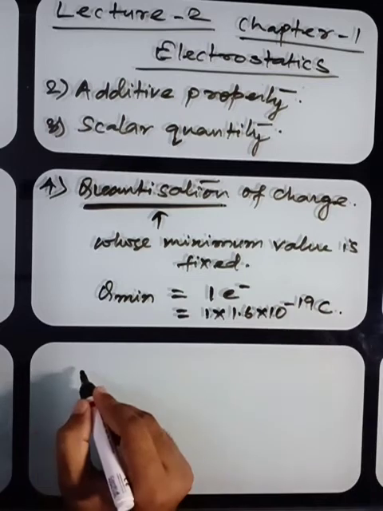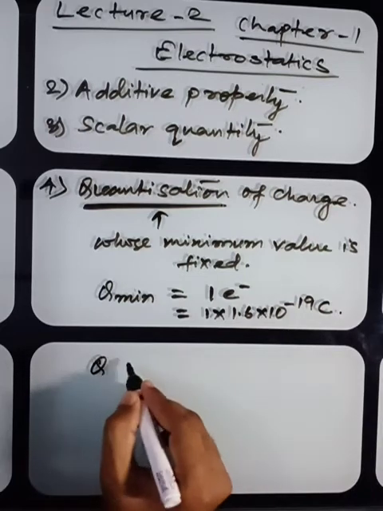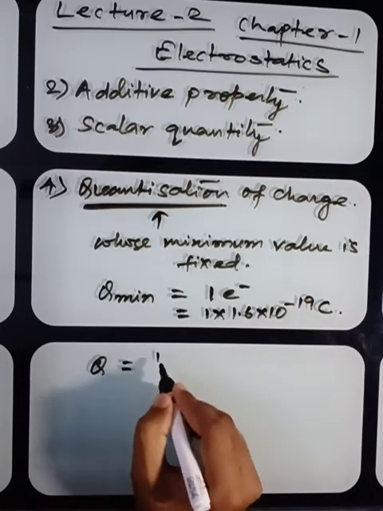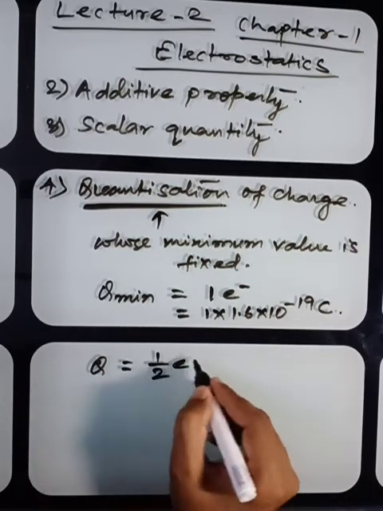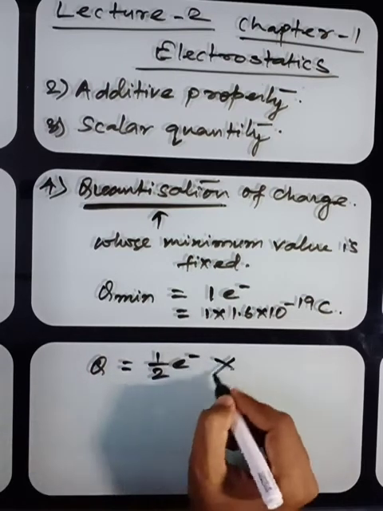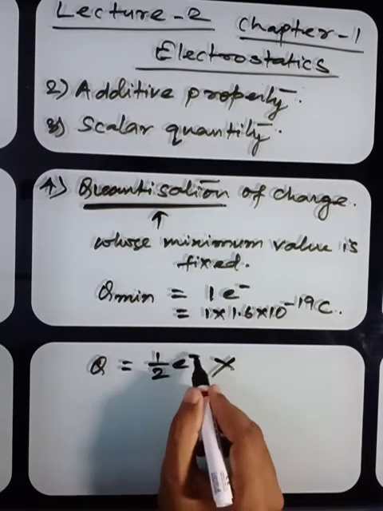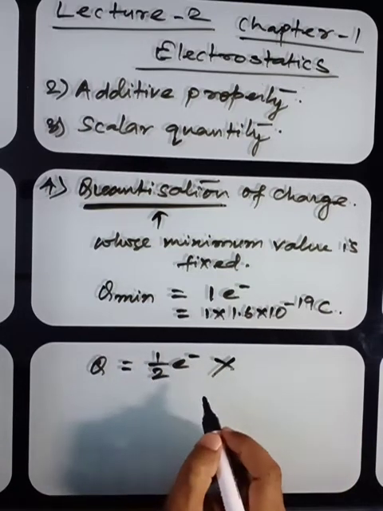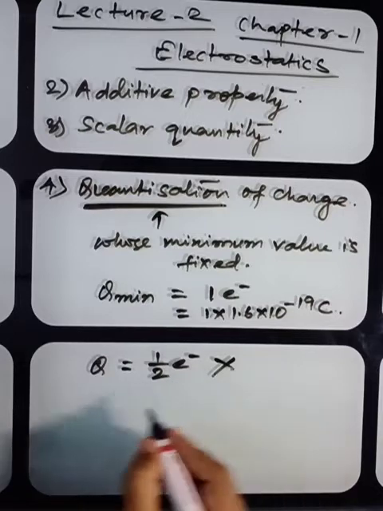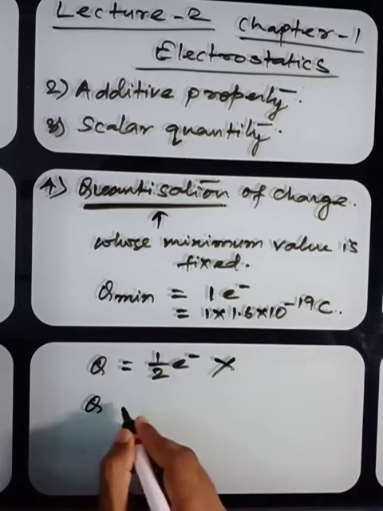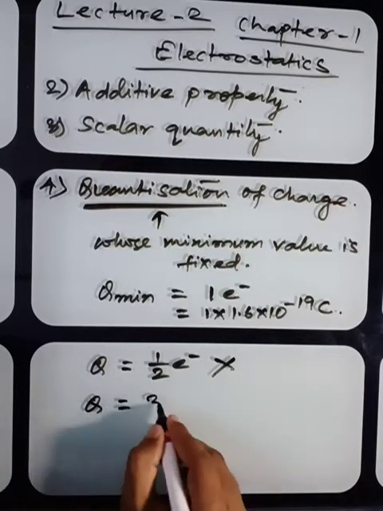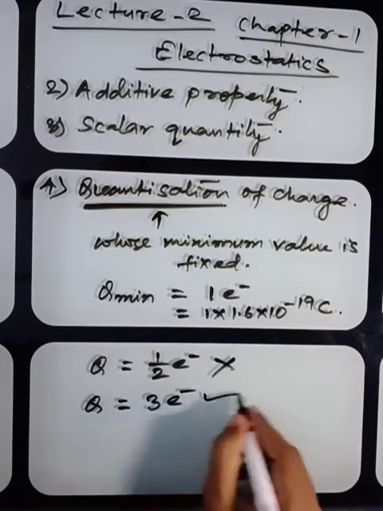If we are writing Q is equal to 1 by 2 electron, then it is wrong because minimum value of charge is 1 electron. So you cannot have this half electron. If you are writing this Q is 3 electron, then it is correct.